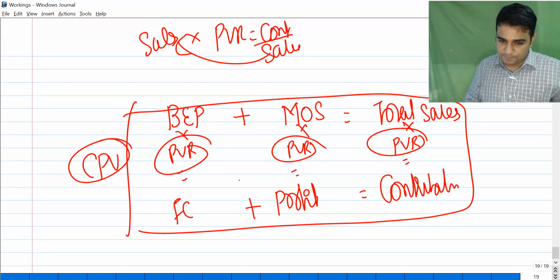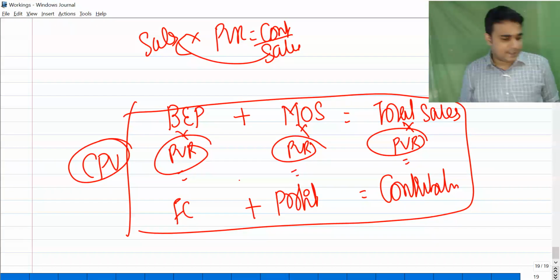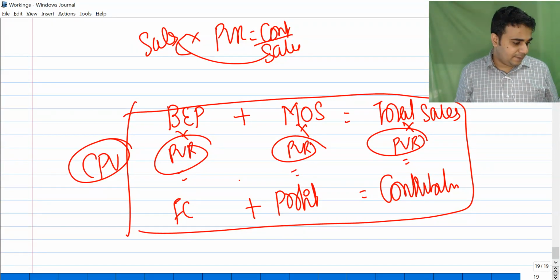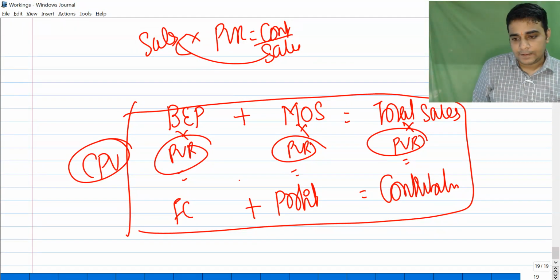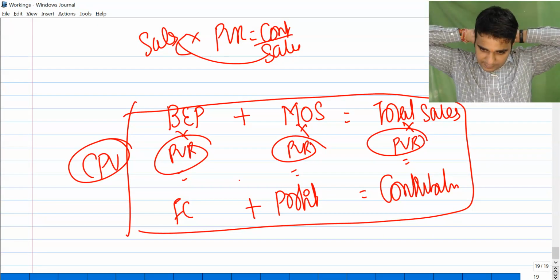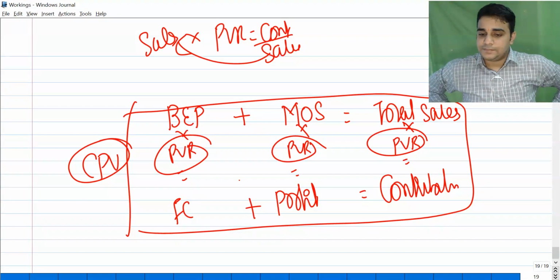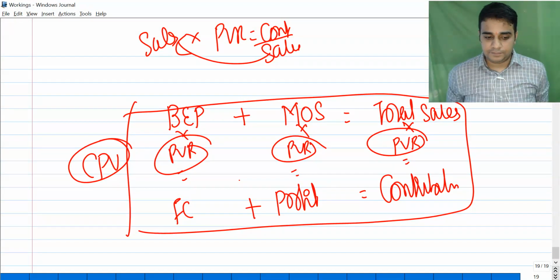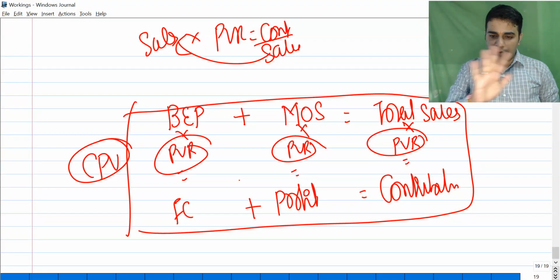Write this equation. BEP plus MOS equal to total sales. This contribution per unit you will write later.